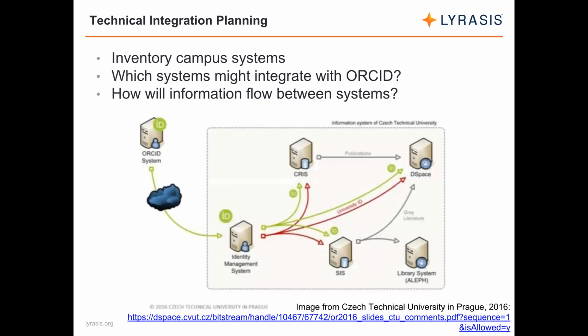This is just an example, but it's something to think about as you assess your institutional systems and plan for the future. Keep in mind that your membership includes 5 API credentials for 5 integration points with ORCID.